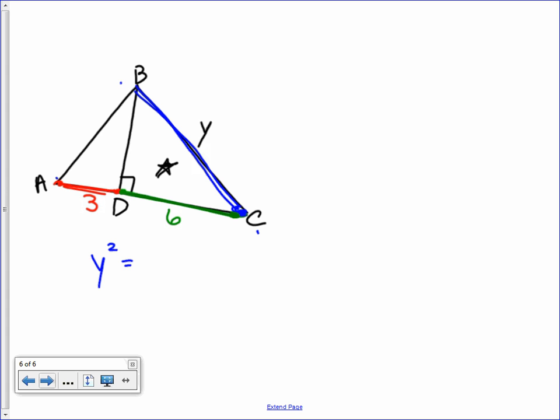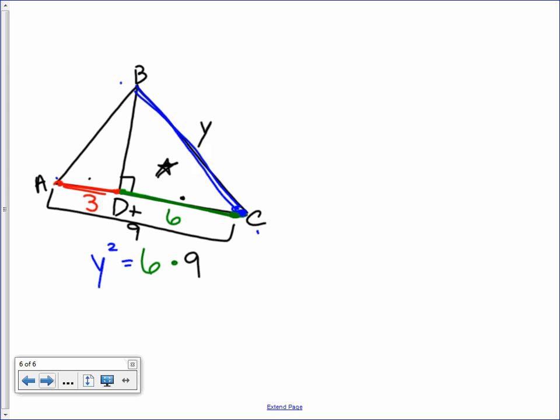Which piece is still a part of that little triangle right there, CDB? The green or the red? Well, that would be the green. That's what's touching it. So the green number comes first, 6 times, not 3, but times the whole thing. And 6 plus 3 would be 9.